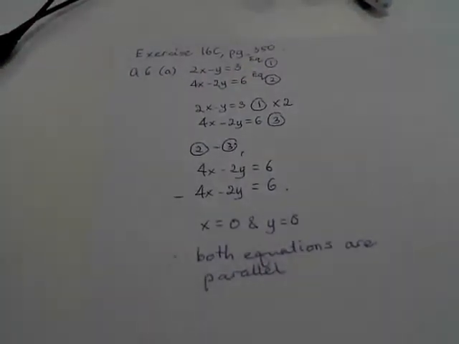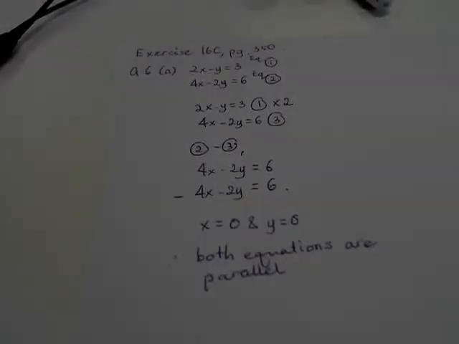Alright, so this is a very interesting exercise to test whether you know how to solve it, and then from there you just say, because x and y are both 0, we can say that both equations are parallel.